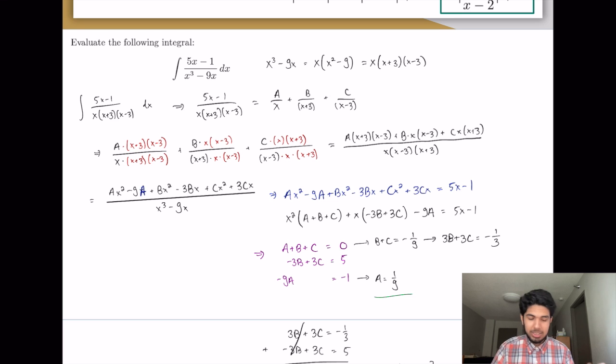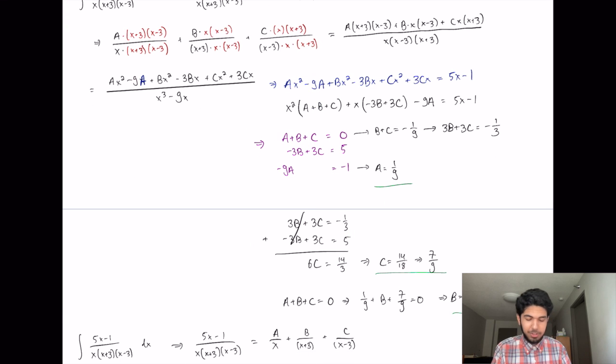But begin to notice some of the patterns of how this works. Factorizing the denominator, creating your sum of fractions by looking at the table, and then combining those fractions again into one massive fraction, looking at the numerator, create your systems of equations, solve for the variables, and integrate. That's going to be the general game plan.